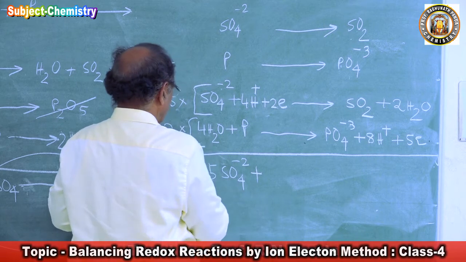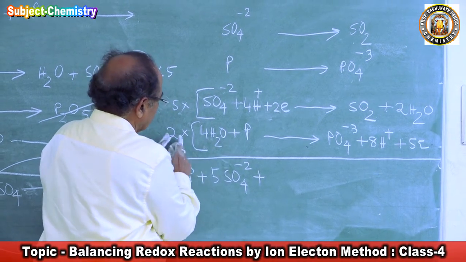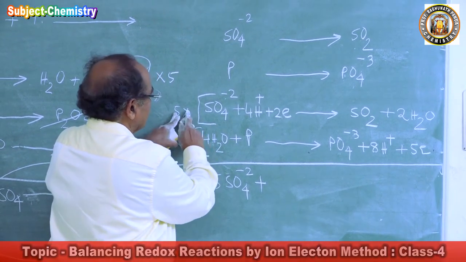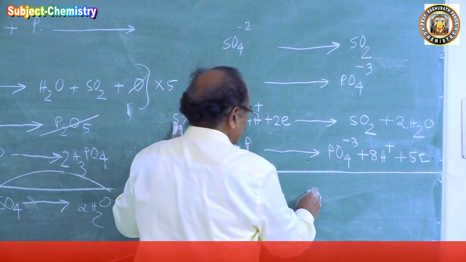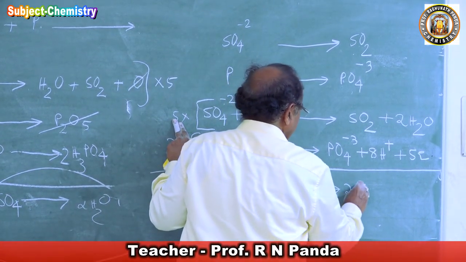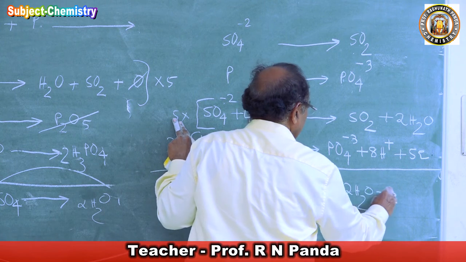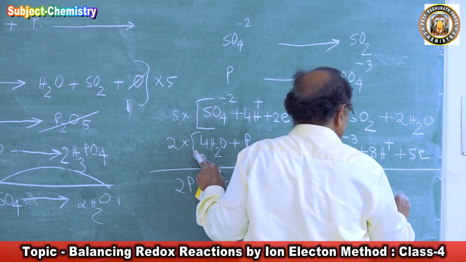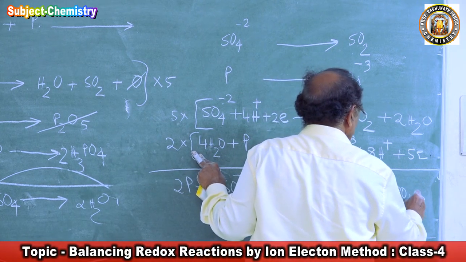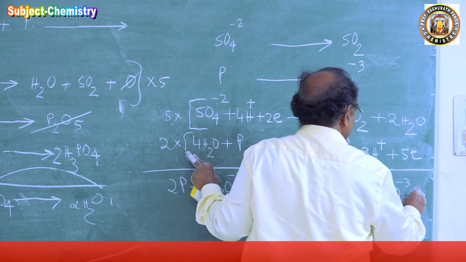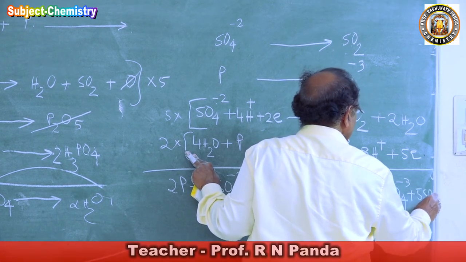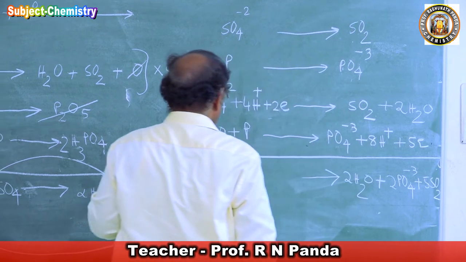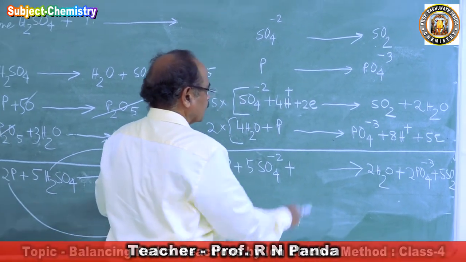So we'll multiply by 2 phosphorus, so 8 water here, 2 into 4, 8. This side 10. So we'll have 2 water this side: 2 water and 2 phosphate, PO4 minus 3, and 5 sulfur dioxide. This is your balanced form. So 2 phosphorus, 2 phosphate.